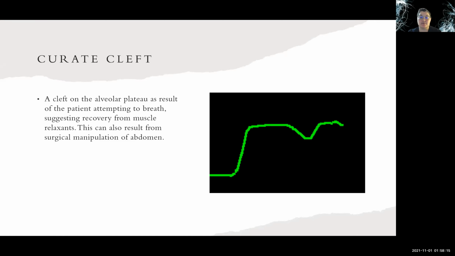We will still see a baseline of 0, but ultimately it's just got that added dip and rise where that beta angle is located. A lot of times we'll see this when we have muscle relaxation that is starting to wear off, and even manipulation in the abdomen during an exploratory surgery.